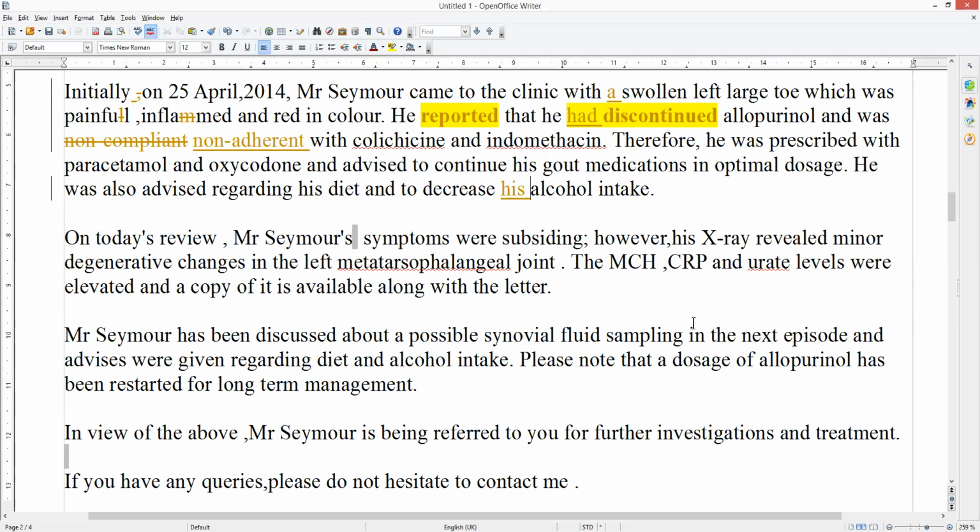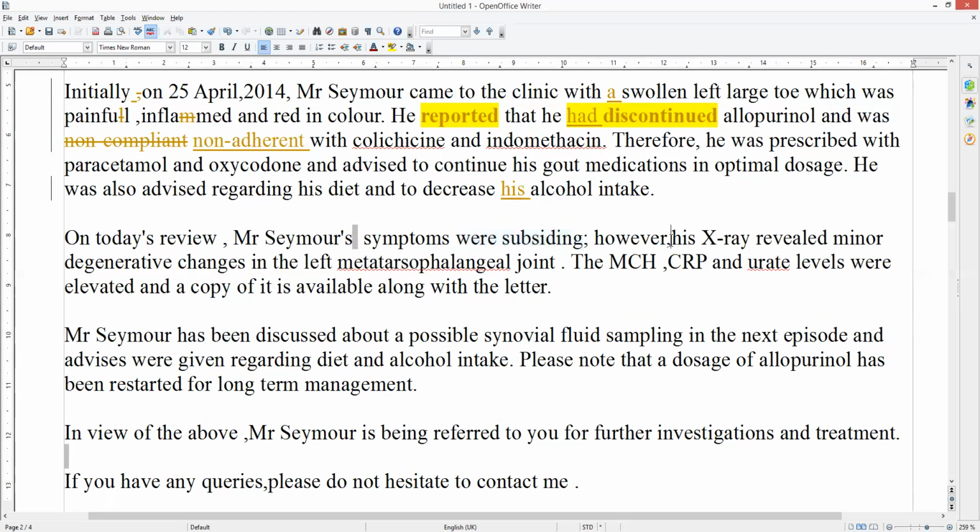Does that mean in the clinic he's sitting there and they're subsiding as you watch him? So maybe had subsided or had improved or something, but were subsiding implies they were subsiding when he was sitting there. And I don't think that's quite what you mean.